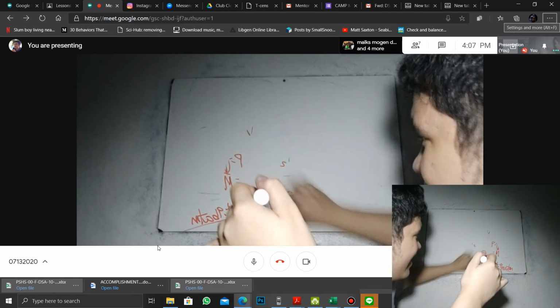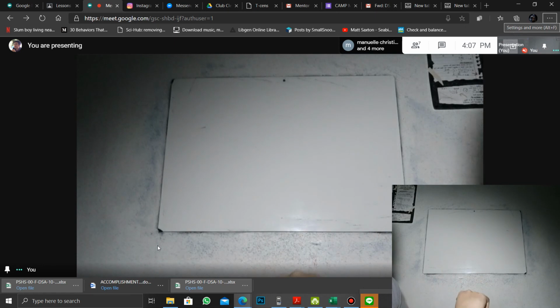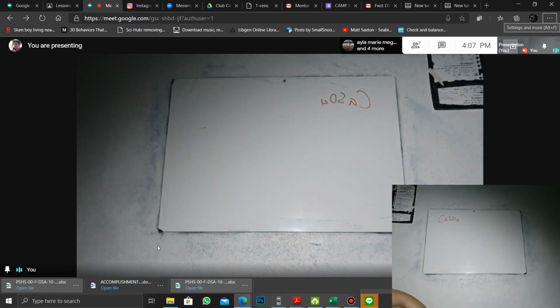Yun ang ginagawa natin. Importante kasi kahit anong may ICE table yan for sure kasi we are examining yung concentrations in the equilibrium. Wala tayo alam at all, no?